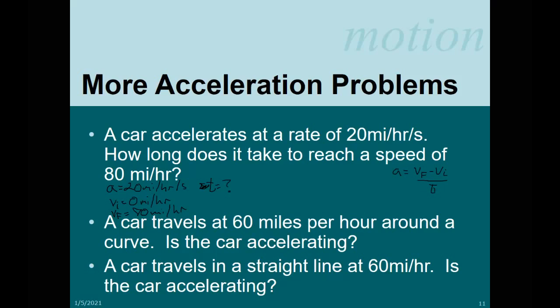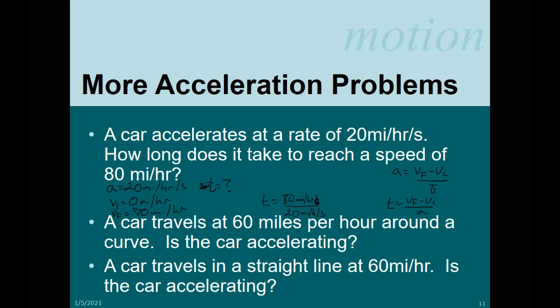So I'm going to use some algebra to solve for T. So we're going to do T equals VF minus VI over A. Then we simply substitute in 80 miles per hour. And minus the initial, which is 0, so I'm just going to leave that off here. Divided by A, which is 20 miles per hour per second.